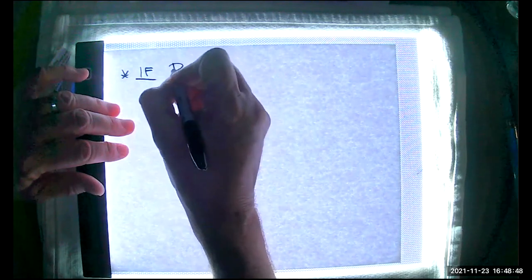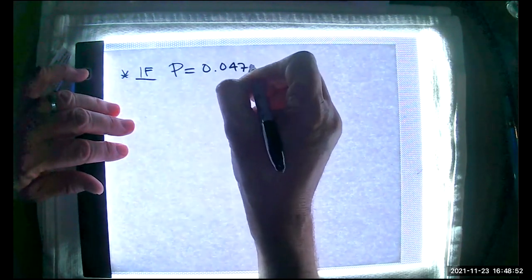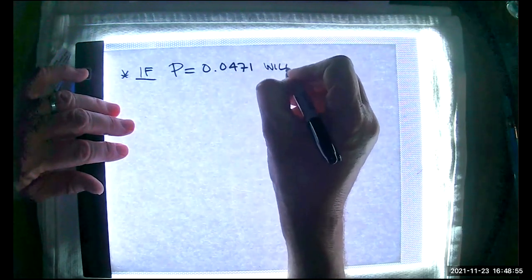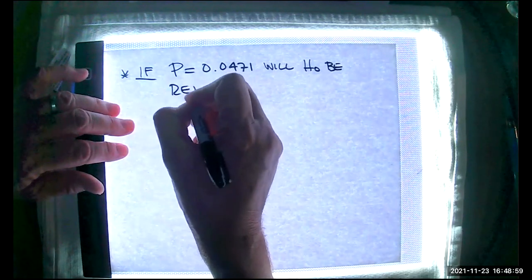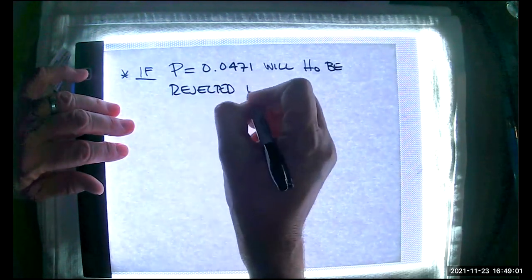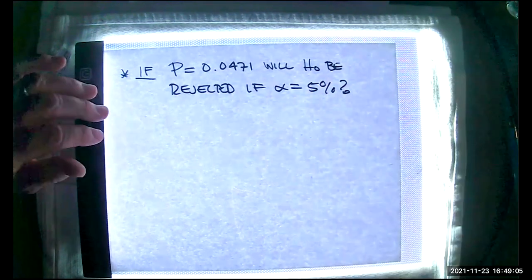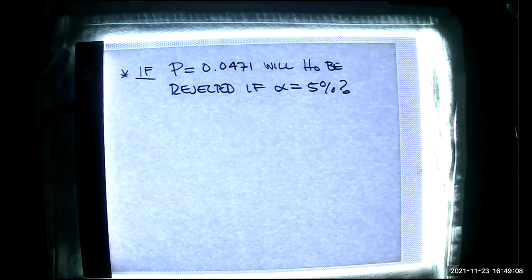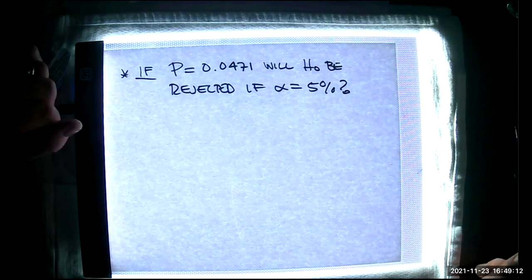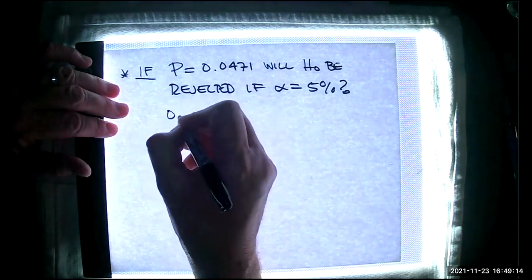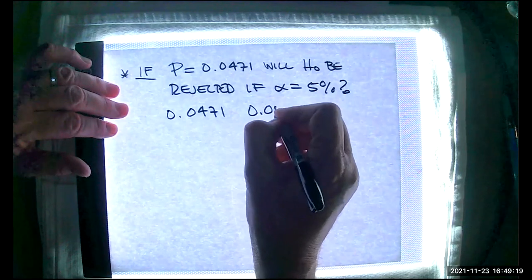If P equals 0.0471, will H naught be rejected if alpha is equal to 5%? Yes or no? Or does it depend? Or maybe we need more information. I need to compare my p-value and my alpha.